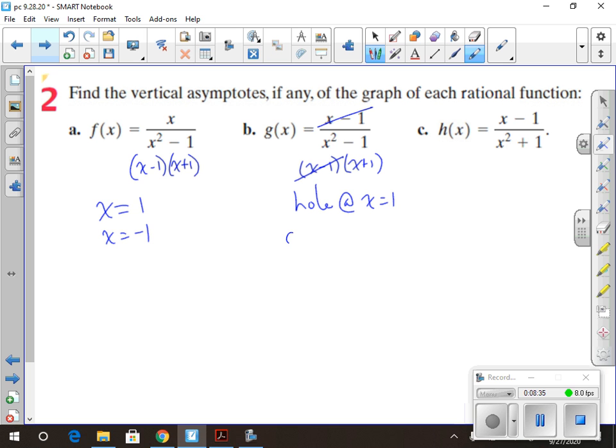We're going to have an asymptote at x equals negative 1. Okay, and they're different. The function will approach an asymptote. The function is going to jump over a hole. And then C, there are no asymptotes, because this is not going to factor into real numbers.